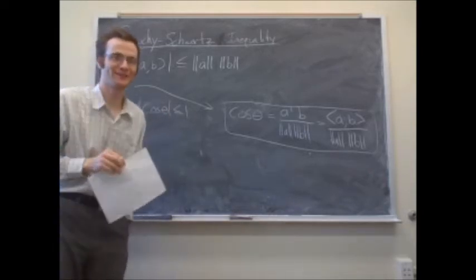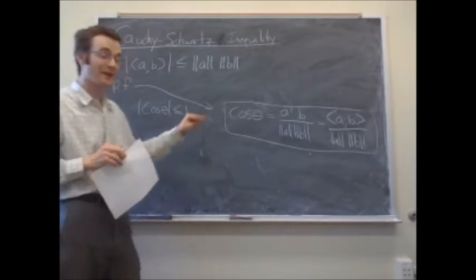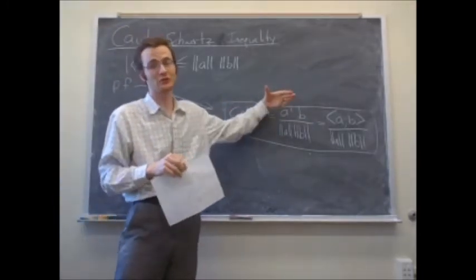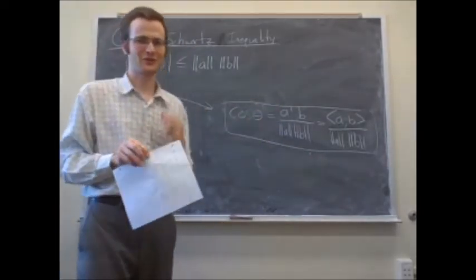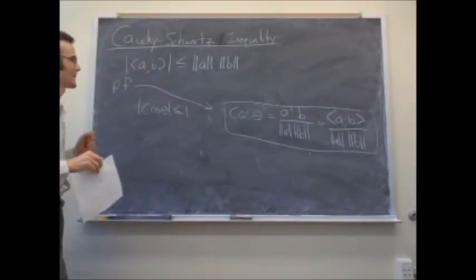So that's a really easy proof, right? Of course, we had to prove this first, which took the law of cosines, which took a proof of the law of cosines. It's not completely trivial, don't get me wrong.